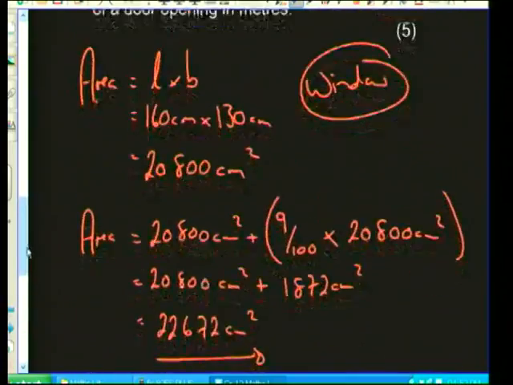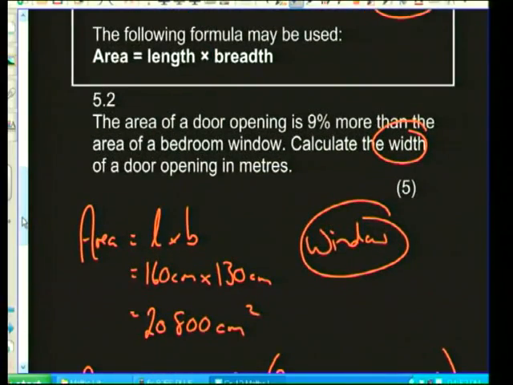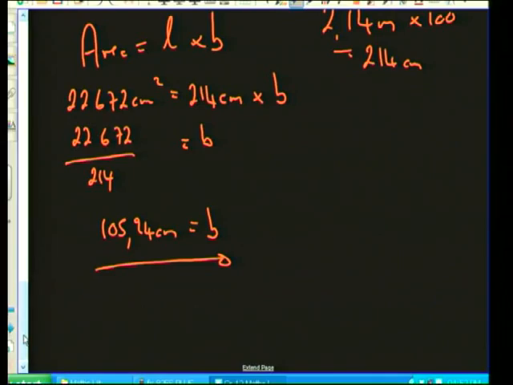Is that what the question's asking us? It's saying the area of the door is 9% more than the area of the window. Calculate the width of the door opening in meters. I'm glad I read that because I've got it in centimeters. How do we now change the centimeters to meters? We're going to divide by 100.